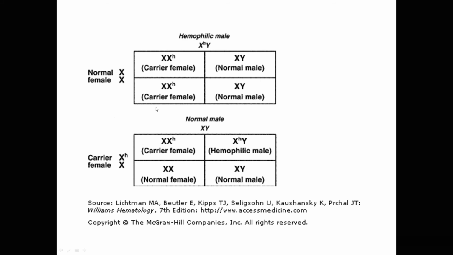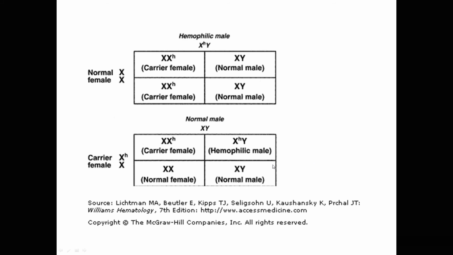So, let's now consider the role of the carrier female children. In a couple with a normal male, the carrier female will produce either normal male or normal female, but also hemophilic male and another carrier female.